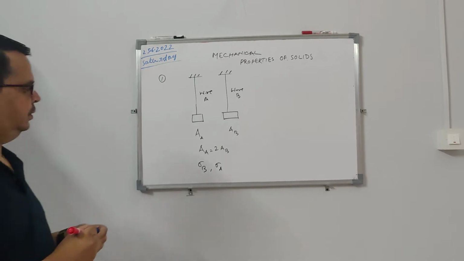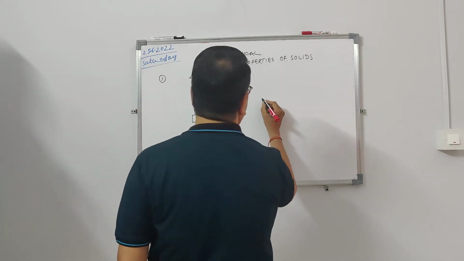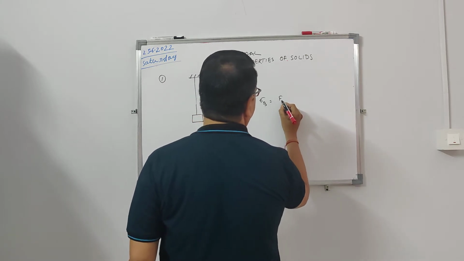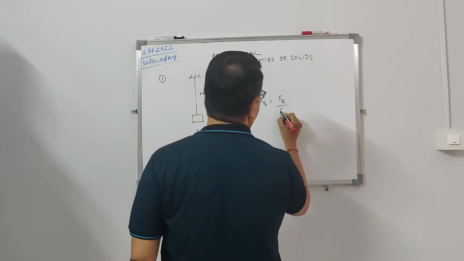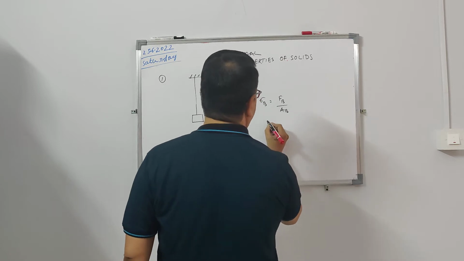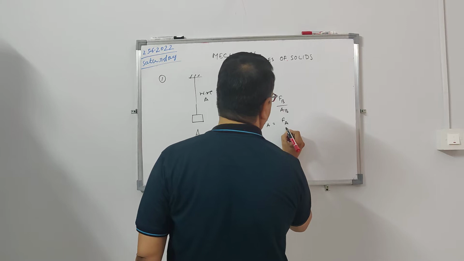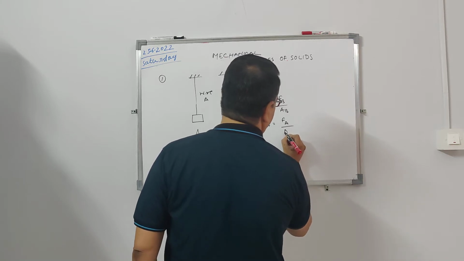This is very simple. Sigma B is equal to the force on B divided by the area of B, and sigma A is equal to the force on A divided by the area of A.